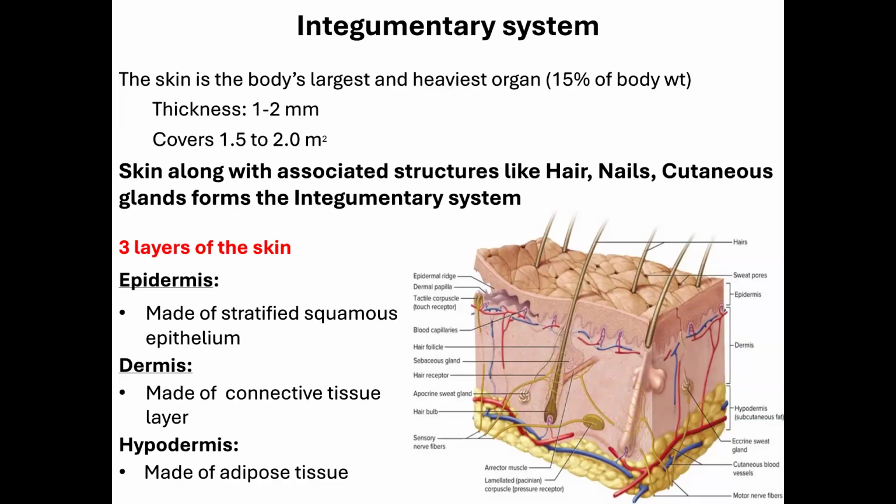There's the epidermis, there's a dermis, and below the dermis, we have the hypodermis. Hypodermis is usually made of fat. Epidermis is made of stratified, squamous epithelium. Dermis is made of connective tissue.